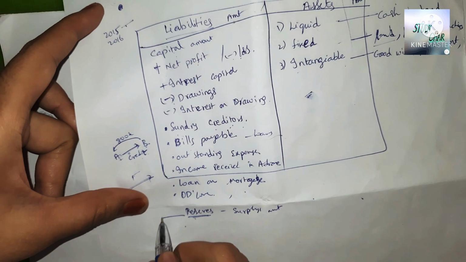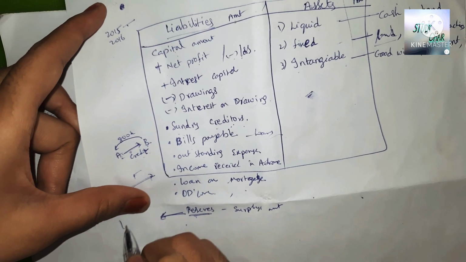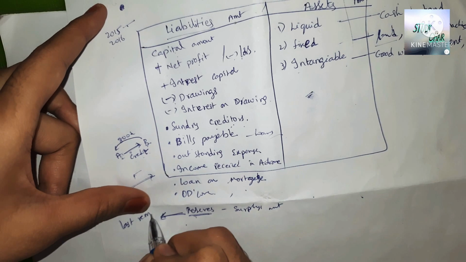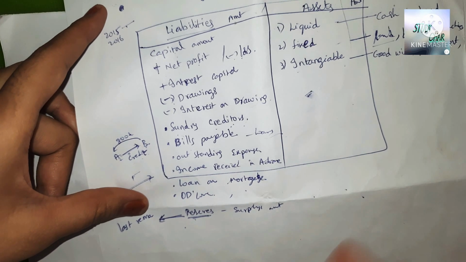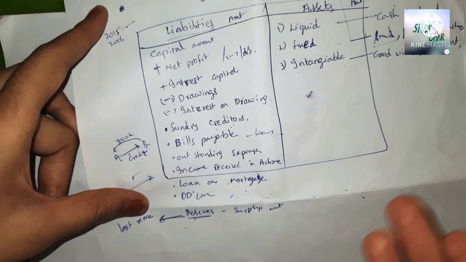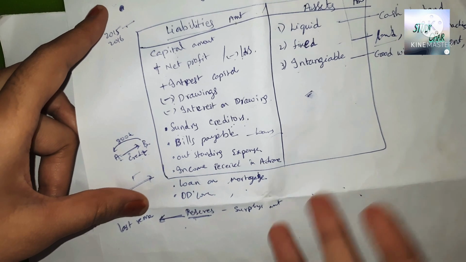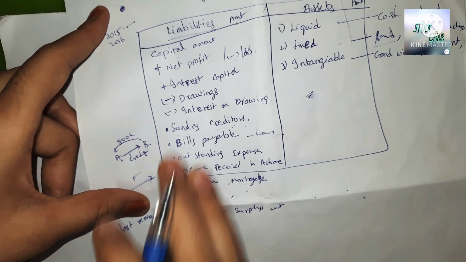Because it is last year's remaining amount. If we take it under assets, then we will spend it like easy money. That's why we write it in liabilities.